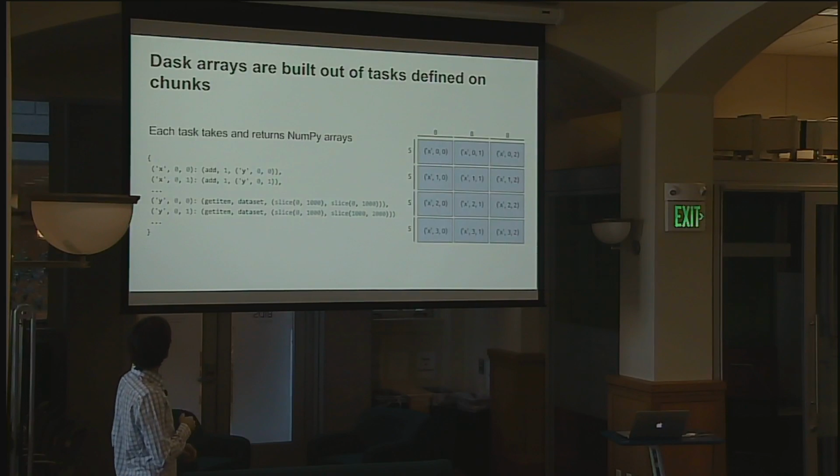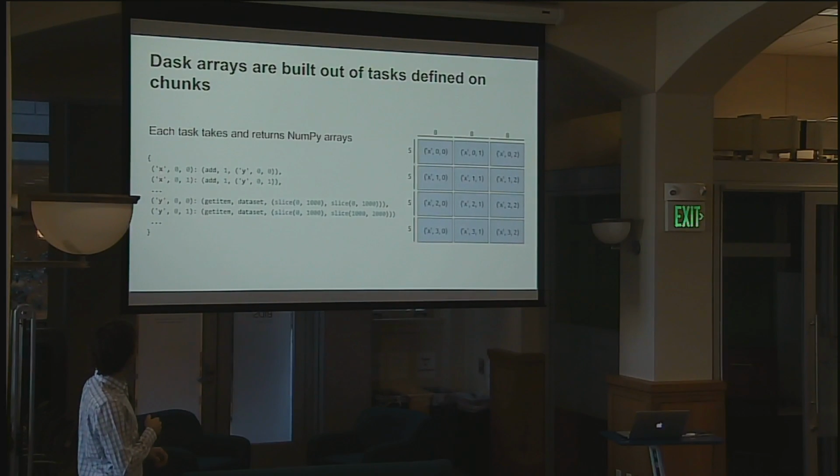that define, say, element 0,0 of the X array as: you pull it out of the Y array and you add 1. And these are operations defined on top of NumPy arrays. So it builds on tools like NumPy that work very well for handling a block of data in memory.